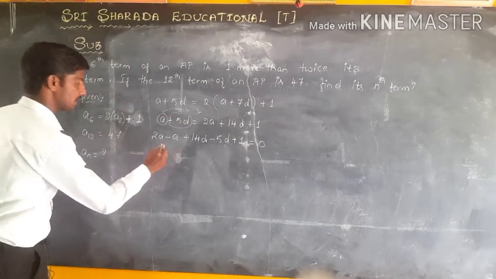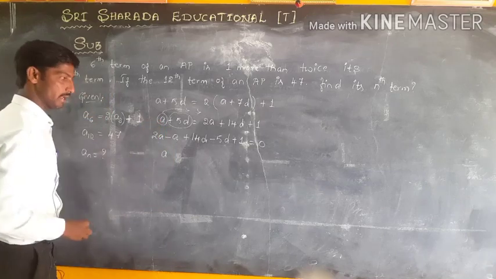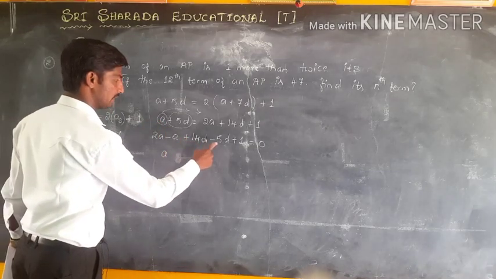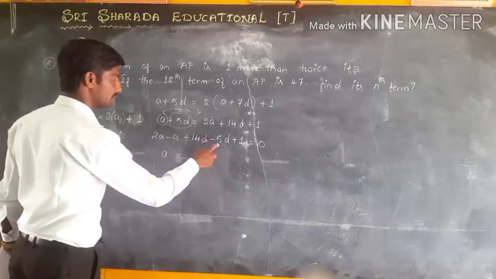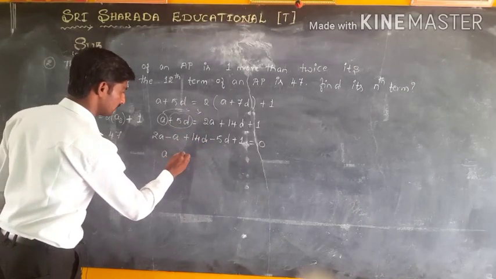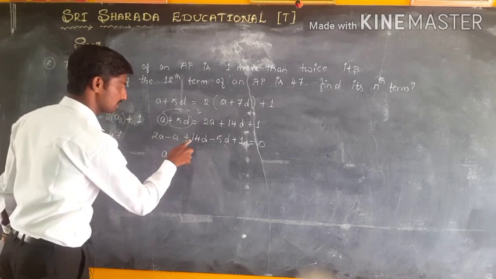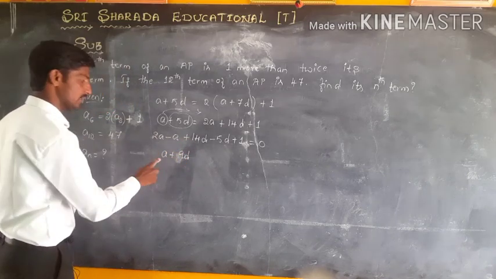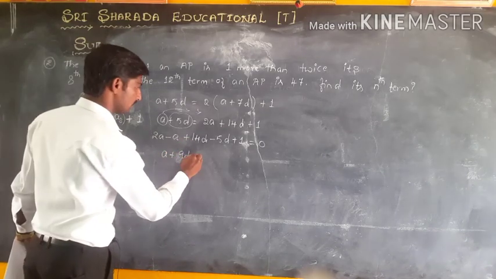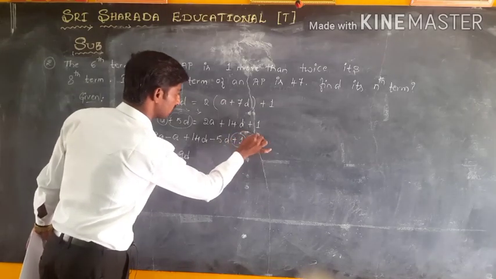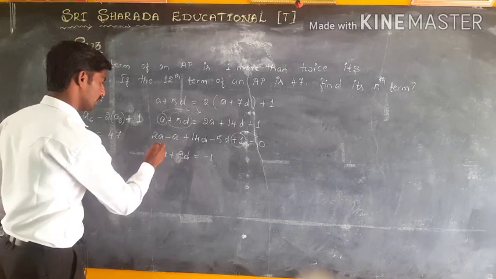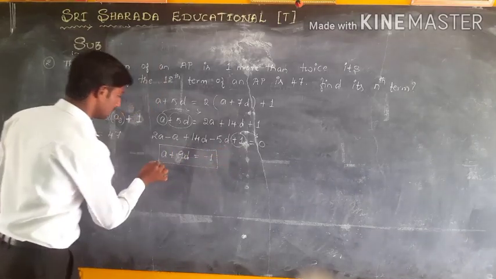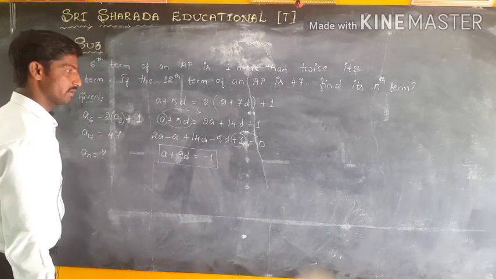Now 2A minus A is A, plus 14 minus 5. Unlike signs: 14 minus 5 is 9. The larger number is 14, so the sign is plus: A plus 9D. This plus 1 send that side, it will become minus 1. So A plus 9D is equal to minus 1 we got.